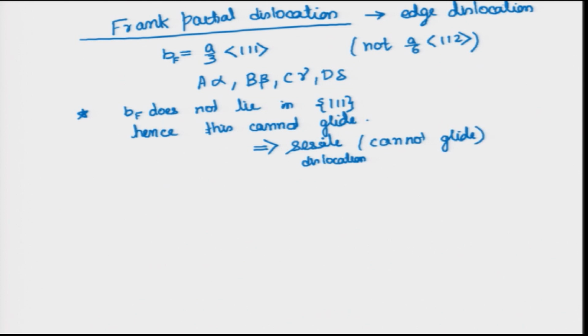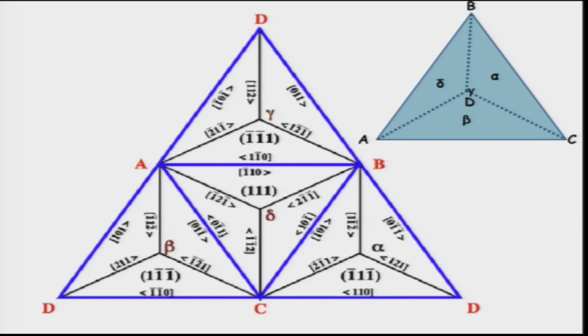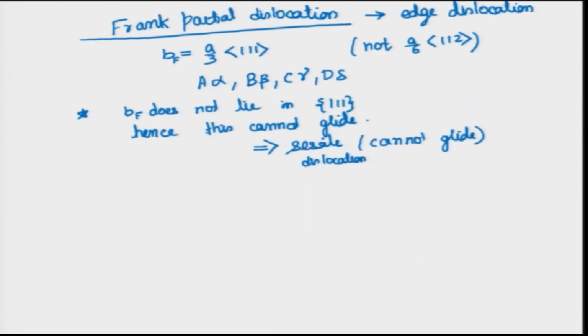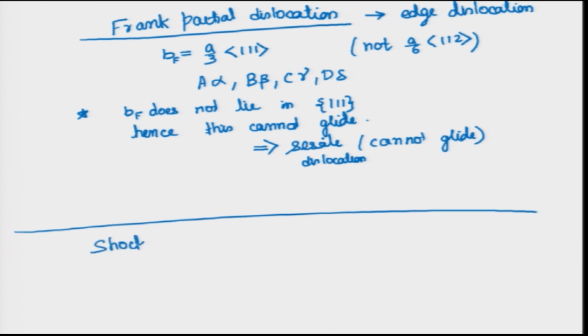Now, coming back to here, the other dislocations that we talked about, this is Frank partial dislocation. The others that we described earlier were Shockley dislocations, Shockley partials, like the ones that we said.